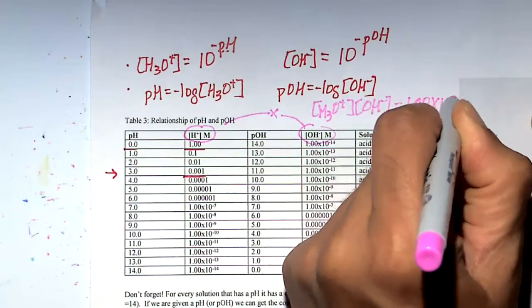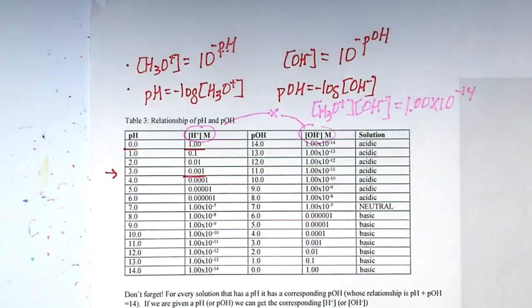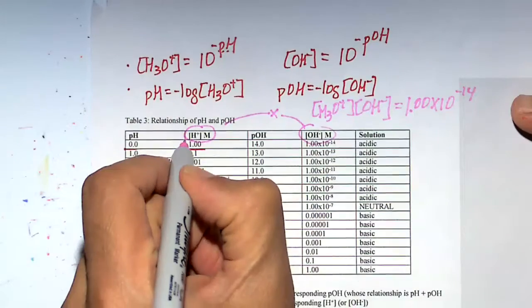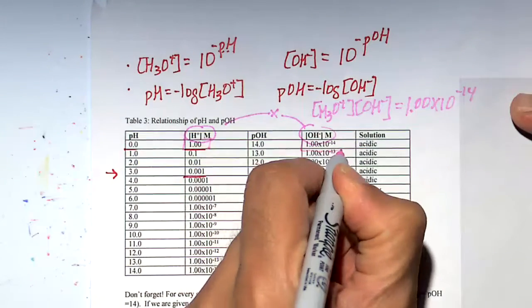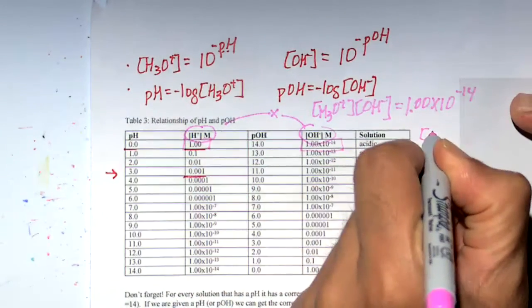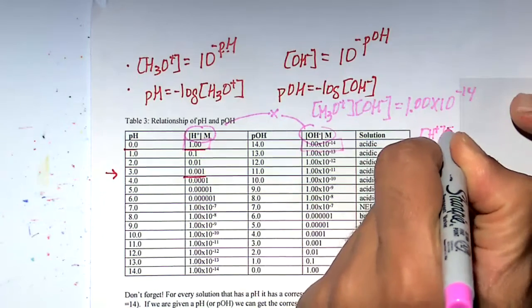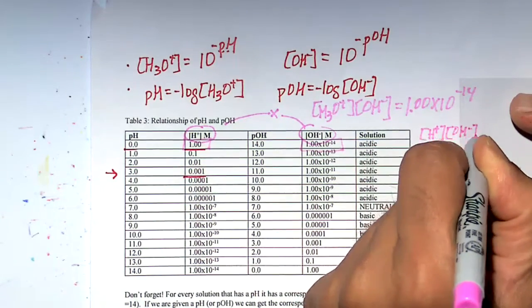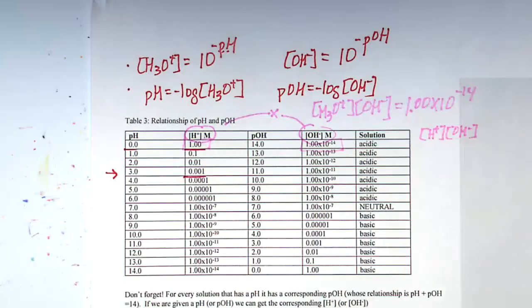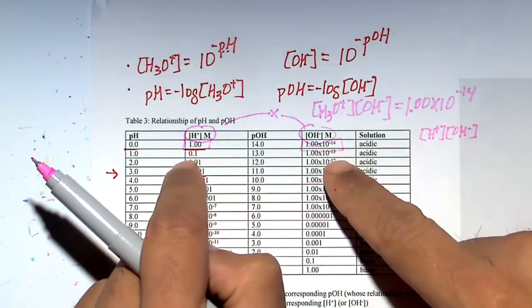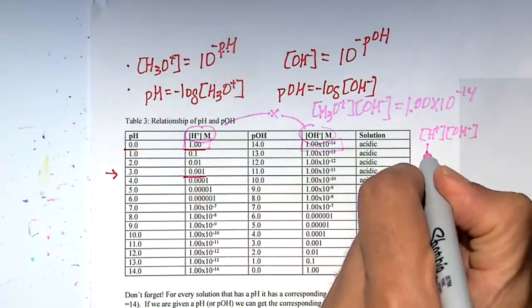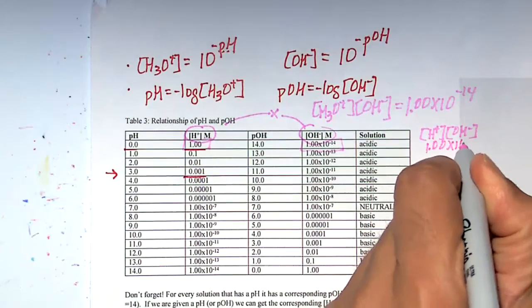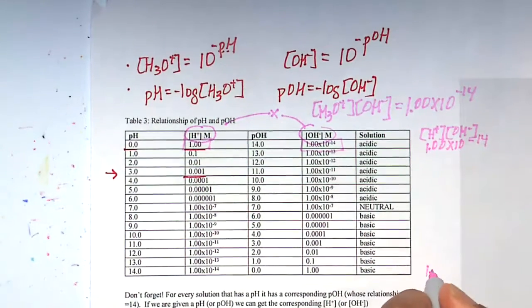Kw is 1.00 times 10 to the minus 14. So let's put another column here where we multiply the concentration of H plus with the concentration of OH minus, and you'll see if you multiply these two all the way down, you'll get the same answer, 1 times 10 to the minus 14.